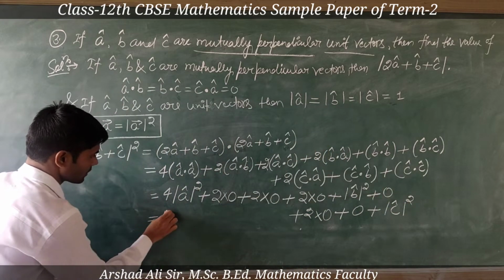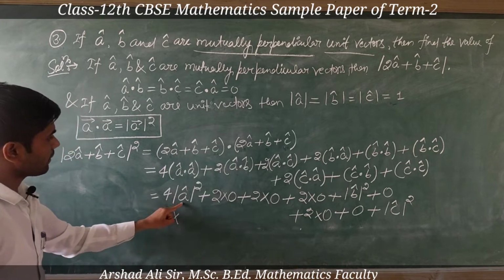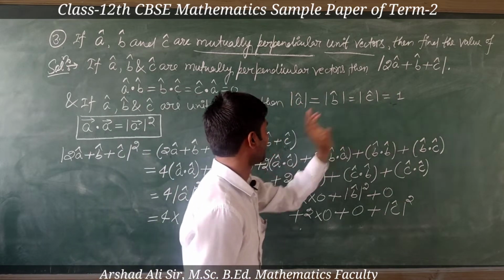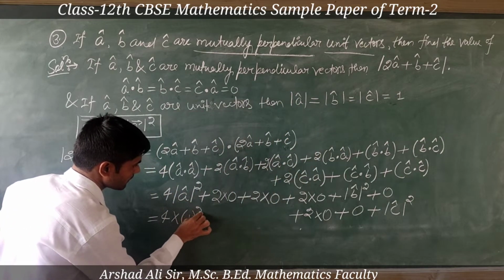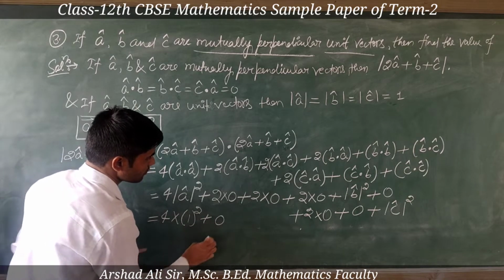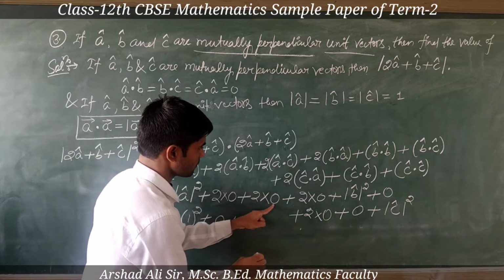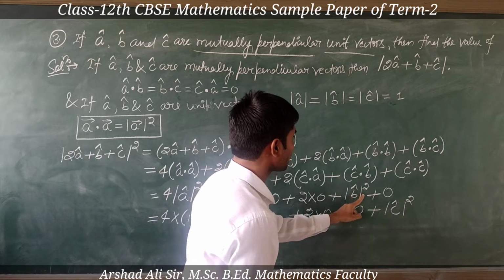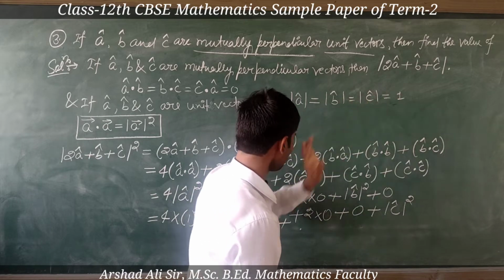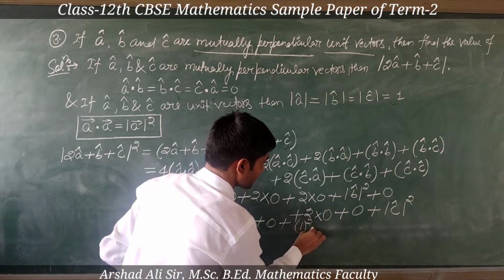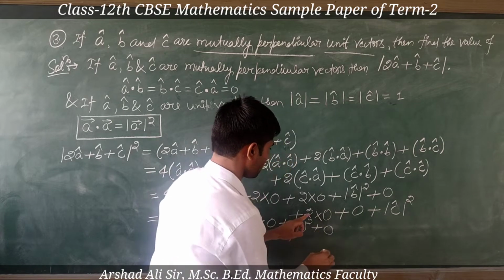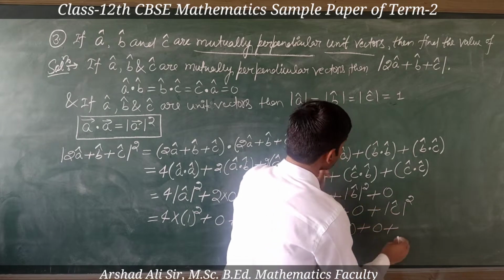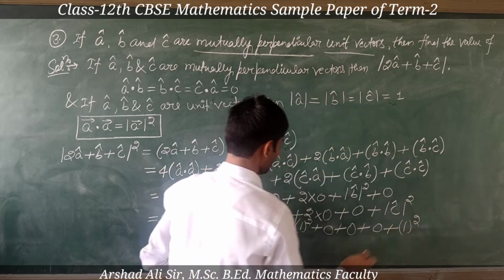Now we can put the values. 4 multiply |a cap| is equal to 1, so we can put 1, but we have the square. Now 0 plus 0 plus 0 plus |b cap|², b cap is equal to 1, so we can write 1 square plus 0, 2 multiply 0, 0 plus 0 plus mod of c is equal to 1, so we can write 1 square.